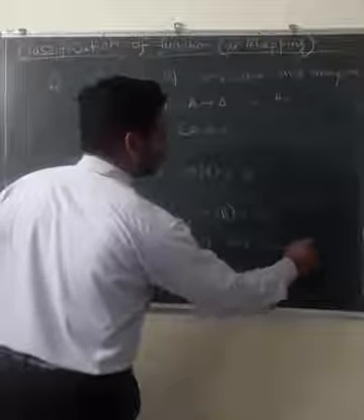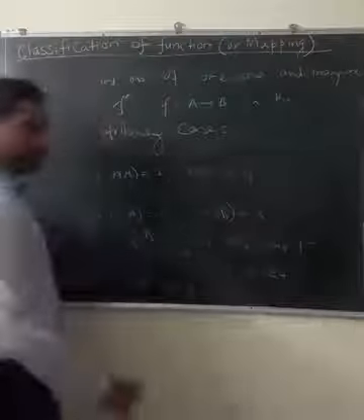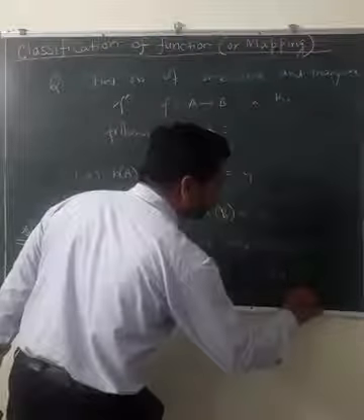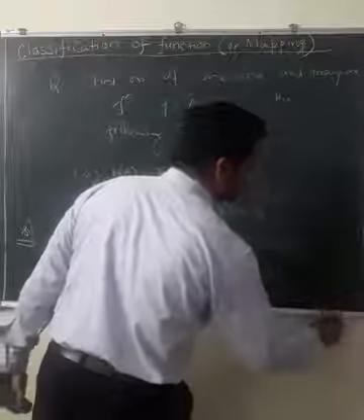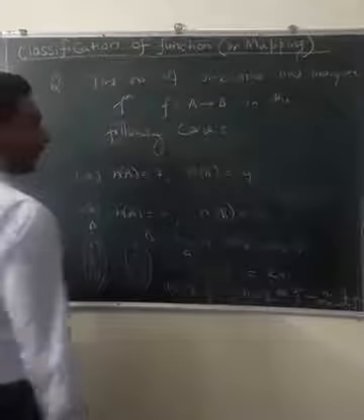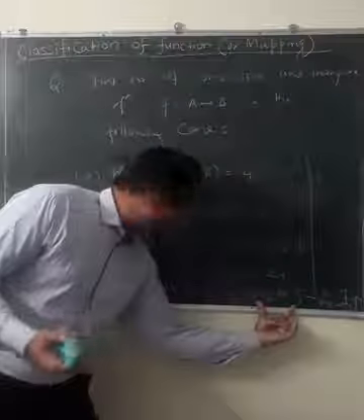What will be the number of many-one functions? So the number of many-one functions will be the number of all functions minus the number of one-one functions. So I have to subtract the number of one-one functions from all the possible functions that I can make.